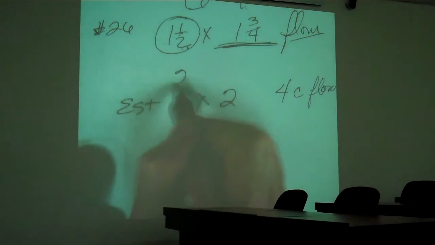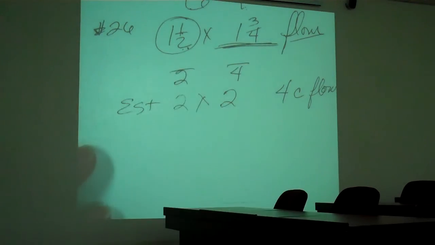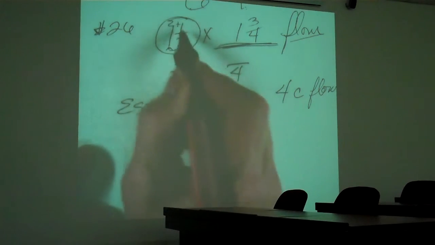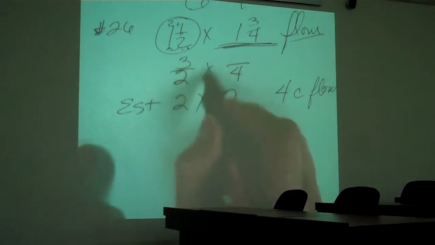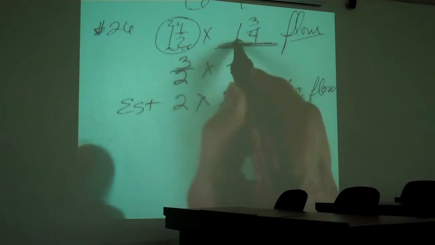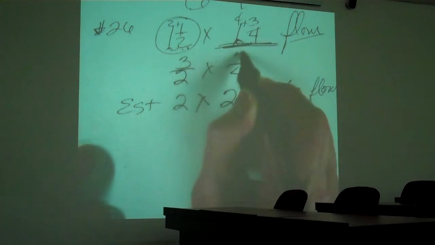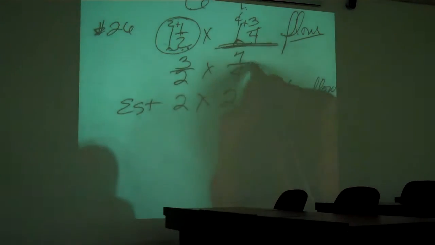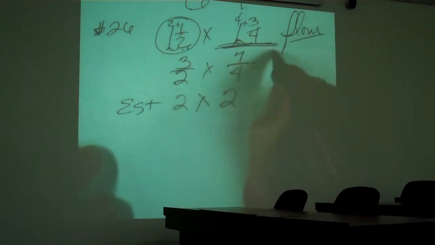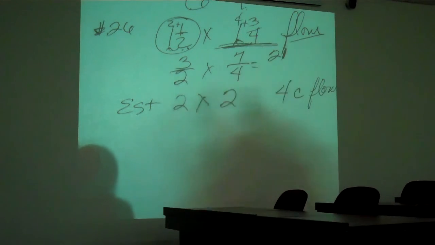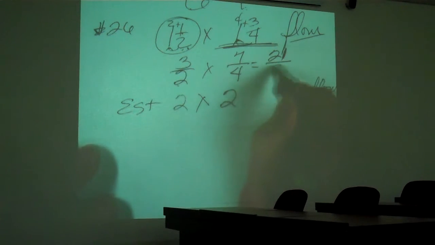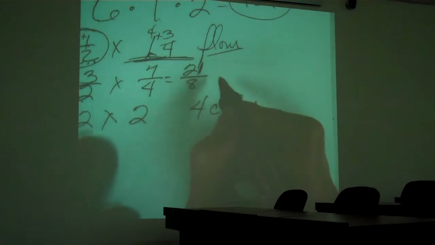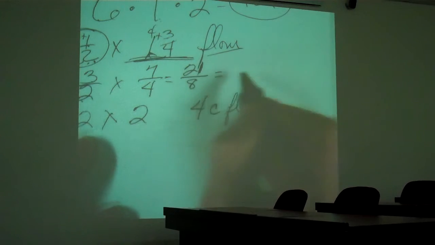Okay, we're going to turn these into improper to do our multiplication. 2 times 1, 2, plus 1 is 3. 4 times 1 is 4, plus 3 is 7. There's no dividing that you could do, so 3 times 7 is 21, and 2 times 4 is 8. 8 goes into 21 2 times, right?